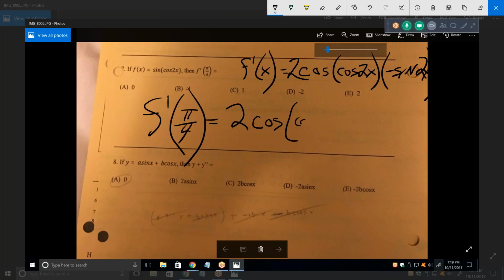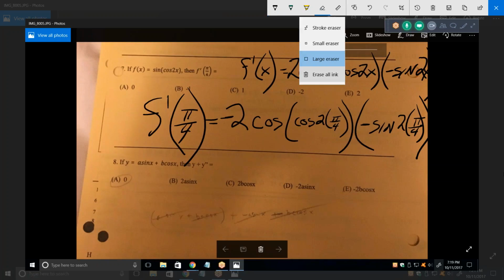So we're taking the cosine of 2 times pi over 4 times minus sine of 2 times pi over 4. And let's take that minus and stick it there so it doesn't get confused with subtraction.